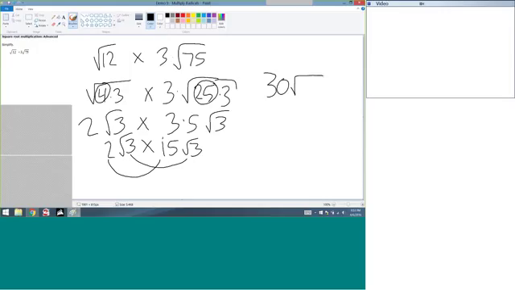So 3 times 3 is going to give us 9, and it just so happens that a 9 is perfect, so it turns out this can actually reduce a little further. So now we have 30 times, and the square root of 9 is 3. So our most simplified version of this is going to be 90. Does that make sense?